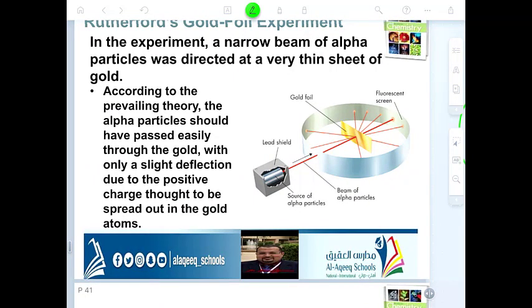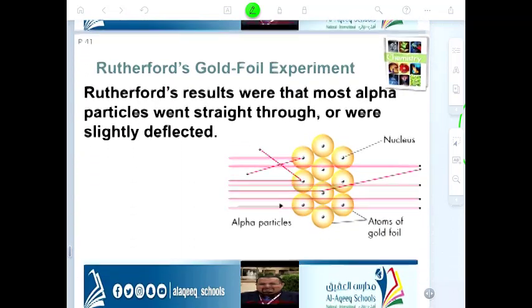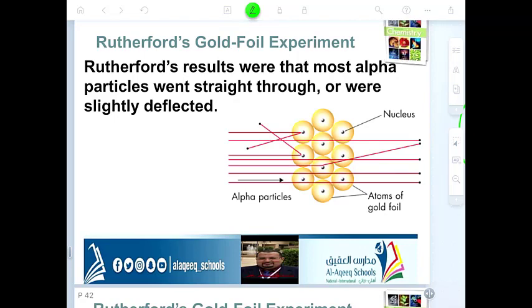So according to this theory, that's what he got due to these observations. To imagine what I explained: some of them were reflected due to something massive here. Some of them were deflected, not reflected, due to the repulsion between this positive alpha and the positive charge in the nucleus.